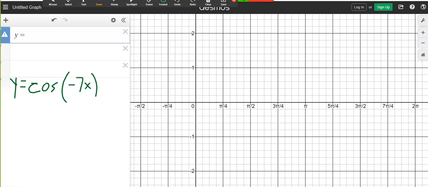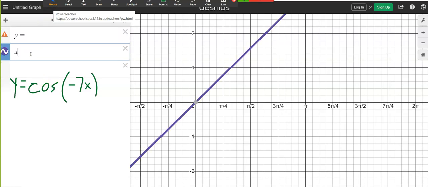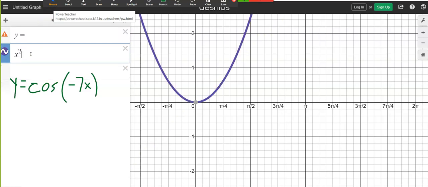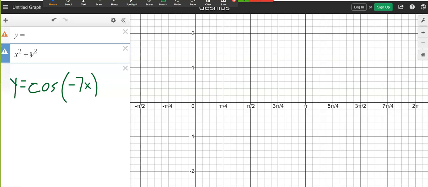We need to know what a regular cosine function looks like. So back to my circle. X squared plus y squared equals 1. Okay. What is cosine? Is it x value or y value?